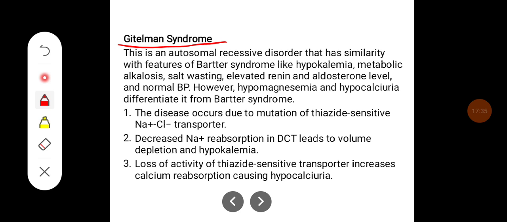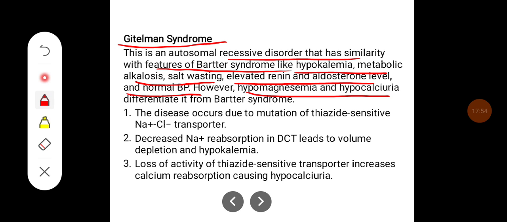Gitelman syndrome is an autosomal recessive disorder that has similarity with the features of Bartter syndrome, like hypokalemia, metabolic alkalosis, salt wasting, elevated renin and aldosterone levels, and normal BP. However, hypomagnesemia and hypocalciuria differentiate it from Bartter syndrome.